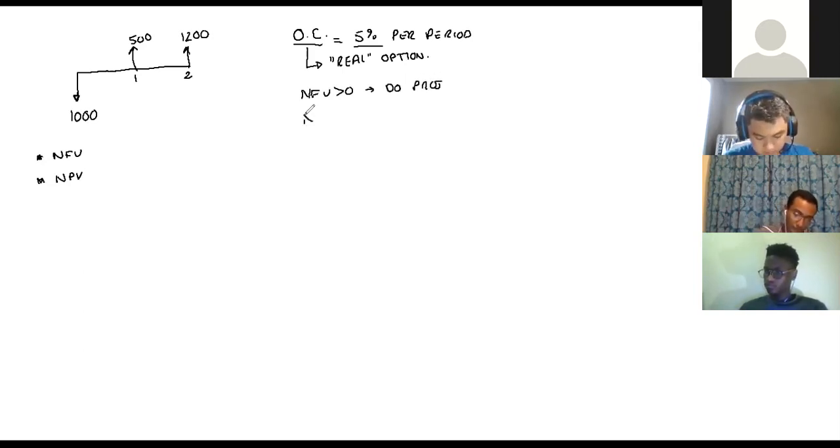And the same happens with the net present value. If the net present value is larger than 0, then do the project. So try to remember, guys, what we did last class and try to make sense of this one here. We're going to invest 15 minutes here just to be sure that everyone understands this concept. It's very, very important.